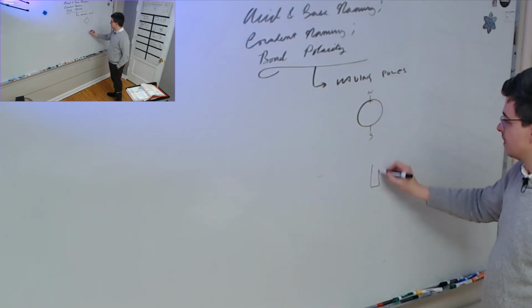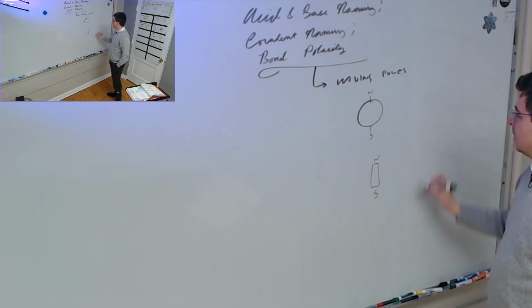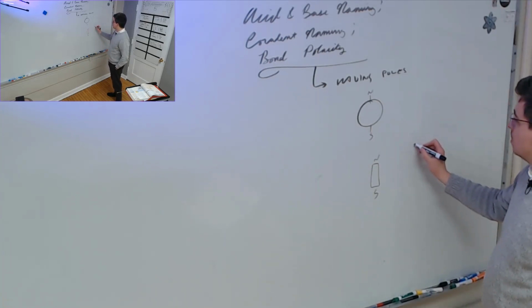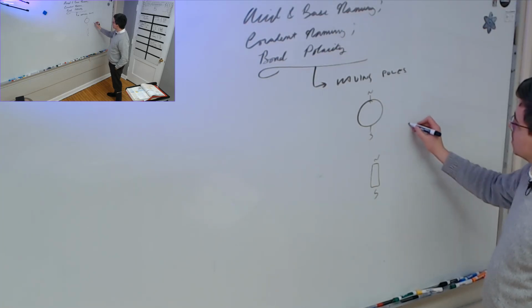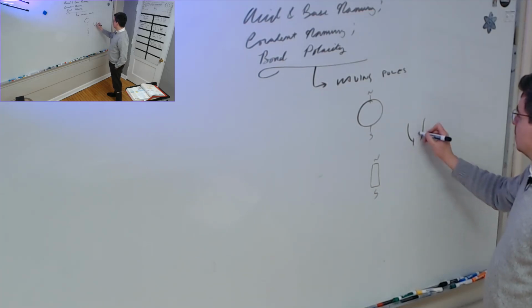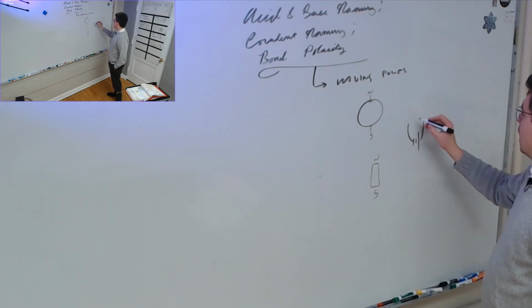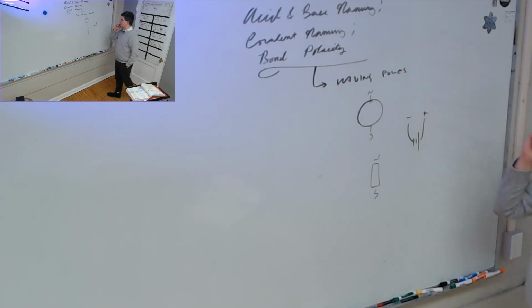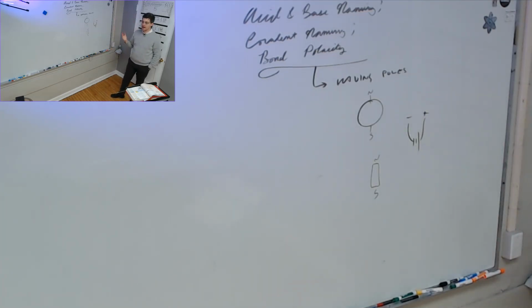A magnet has a north and a south pole. We could say that an electrical wire with a battery attached to it has a negative and a positive pole. For instance, these are all things that have poles.